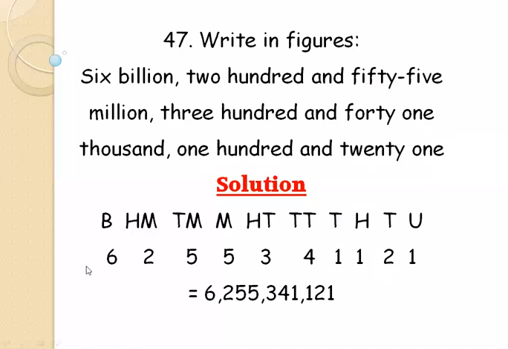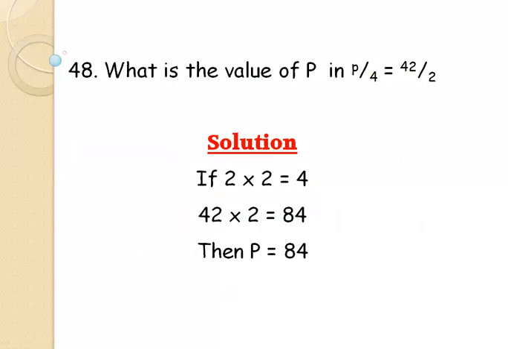So now that I've arranged each of the figures under their place value, then I'll write everything out. 6, 2, 5, 5, 3, 4, 1, 1, 2, 1. So this is 6,255,341,121. So I have written it in figures. But there are people who can write this out without writing out this place value. If you can do that without the place value, fine. Just make sure you don't make a mistake. Do we understand that? Beautiful.